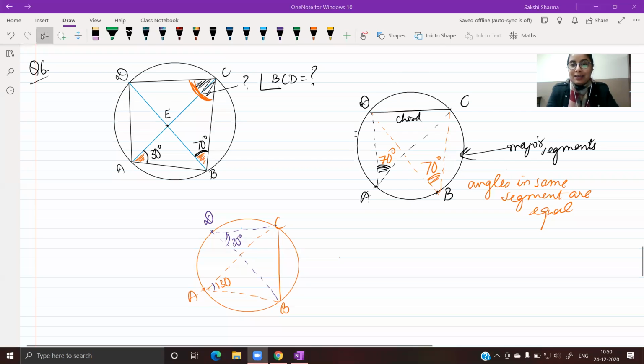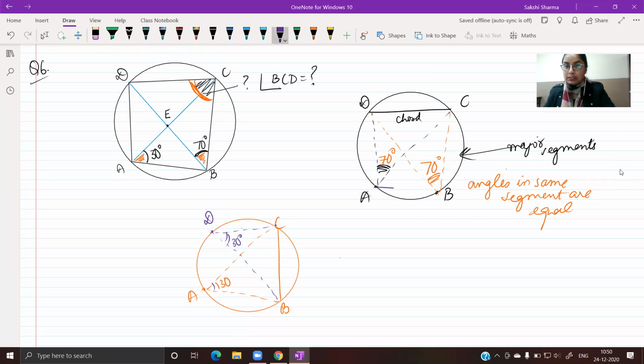Either of the two will help you use a different result. If we work this out, we use that chord CD is subtending angles CBD and CAD on the circumference. These will be angles in the same segment and they will be equal.